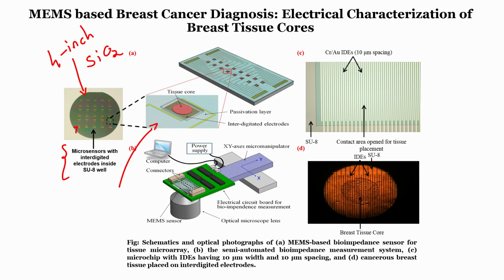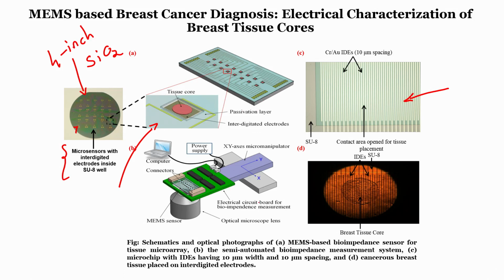The schematic representation of this device is shown here, where there is a passivation layer, because it is silicon, that is why we are using silicon dioxide as a passivation layer. There are interdigitated electrodes, which you can see in the actual photograph right over here, and then our chip consists of those interdigitated electrodes. Now, what we will be doing?